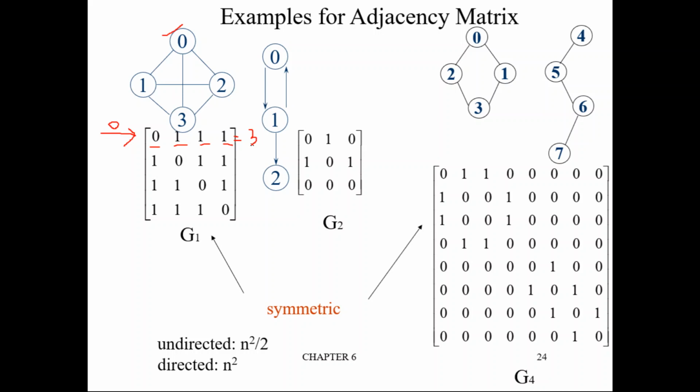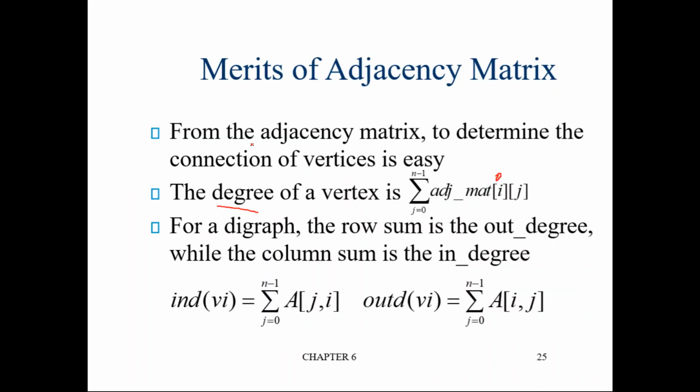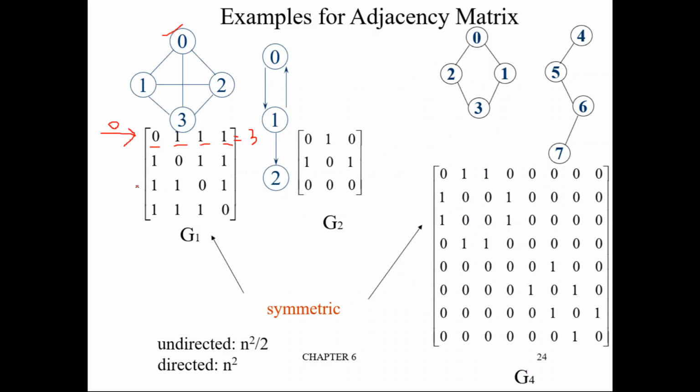But this is with respect to an undirected graph. This logic will work only for an undirected graph. Take node 3. Its degree is 1, 2, 3. Here also you can come and add. Or let us take node 5. Node 5's degree is 1 and 2.